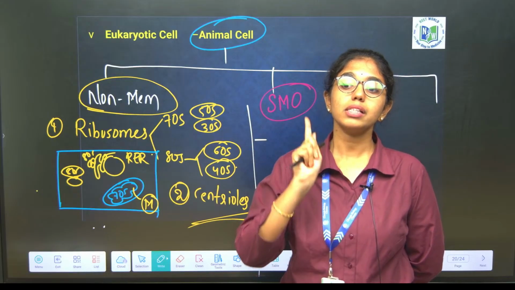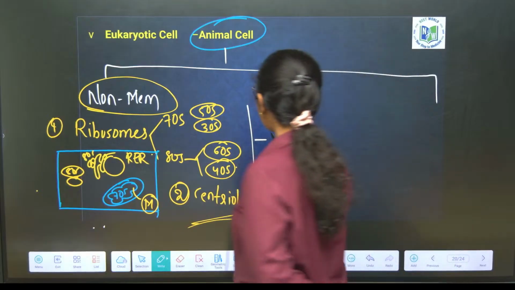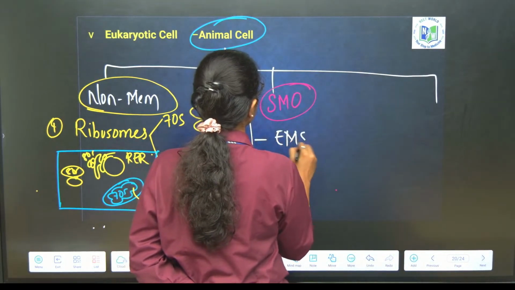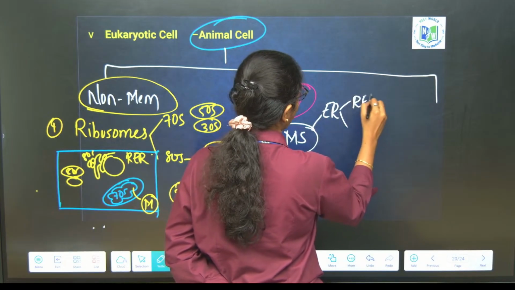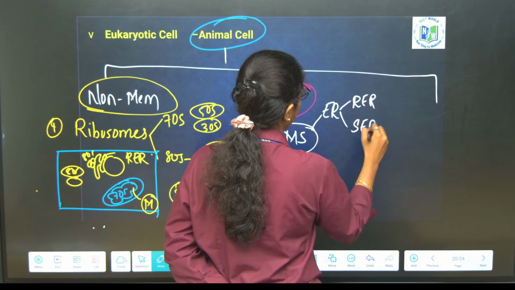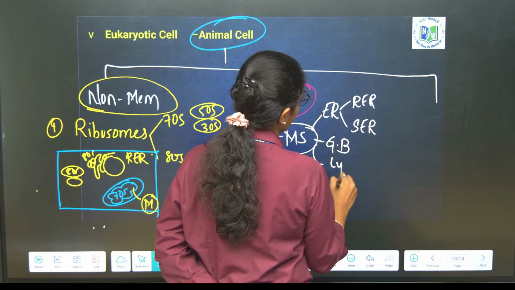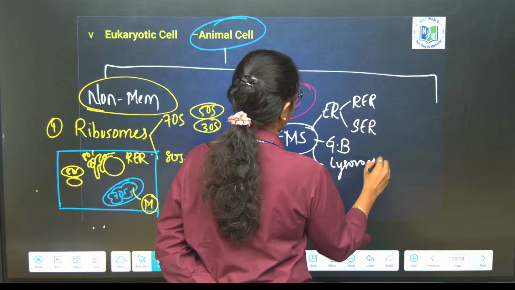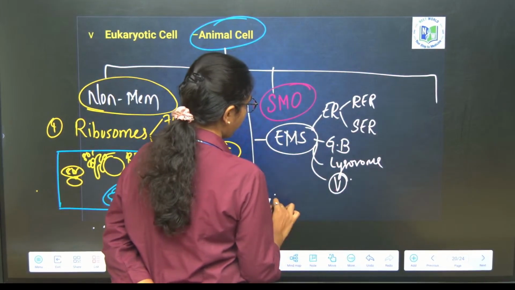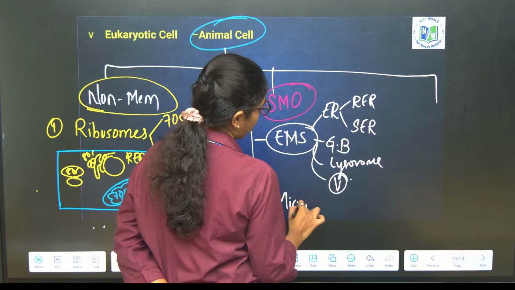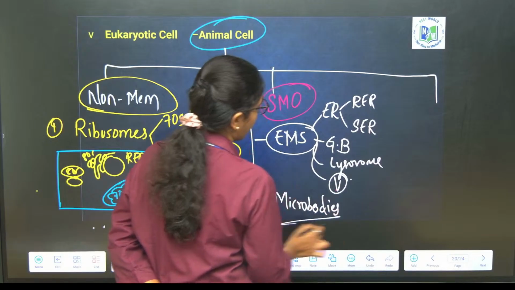What are the organelles involved in the endomembrane system? Such simple questions are asked, so that important it is. The endomembrane system includes RER and SER, and then Golgi bodies, lysosomes and negligible vacuoles. Then we have microbodies like peroxisomes, only peroxisomes here in the animal cell.